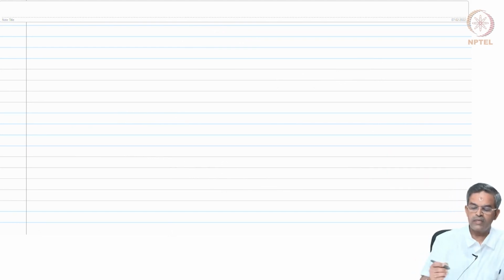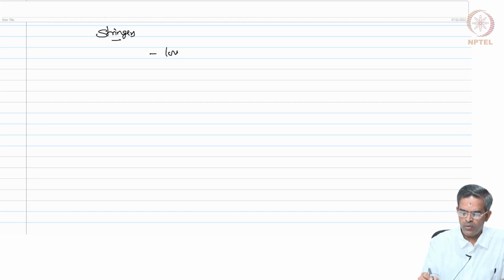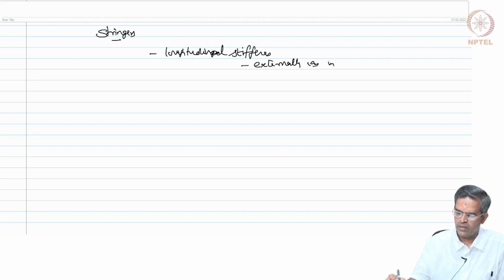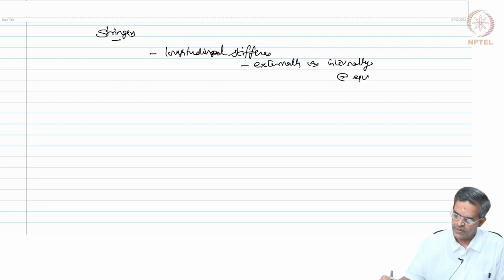Now, let us quickly understand what are stringers. Stringers are longitudinal stiffeners, which are either attached externally or internally to the cylinder at equal spacing.